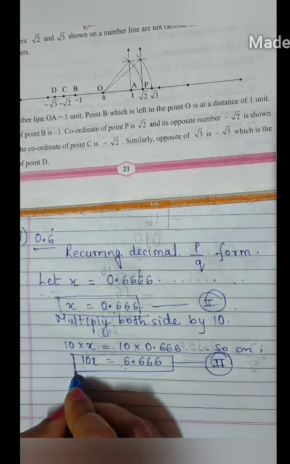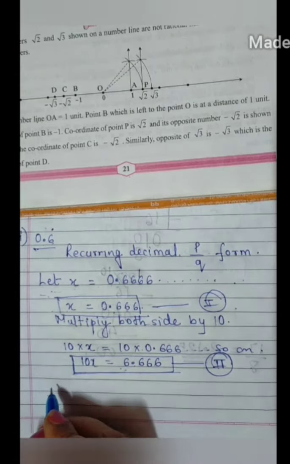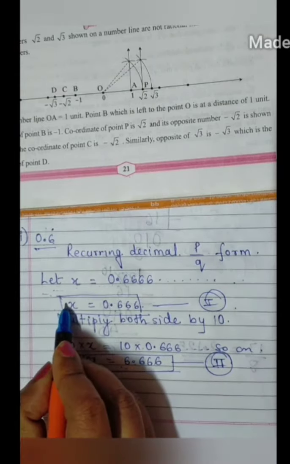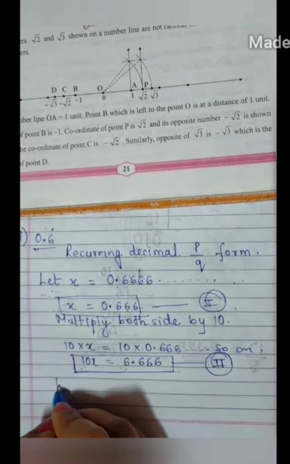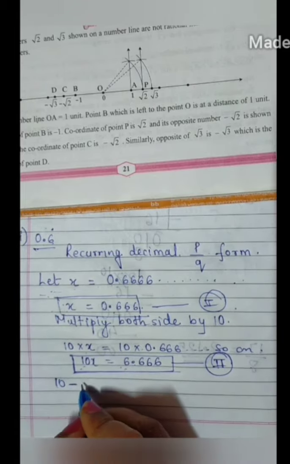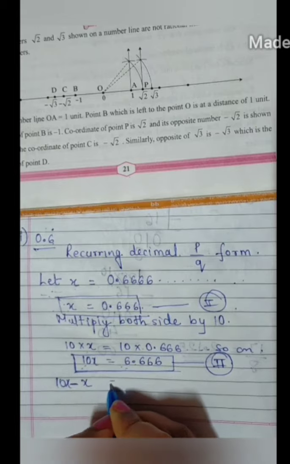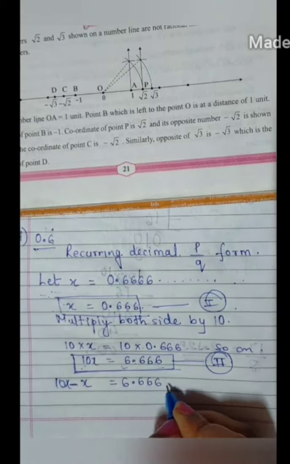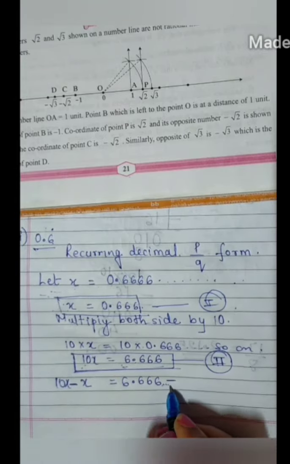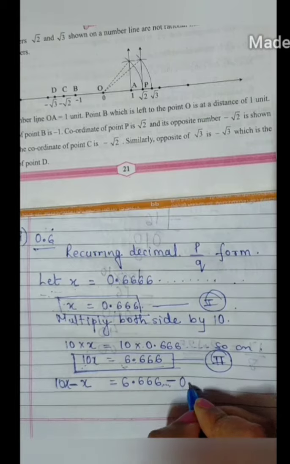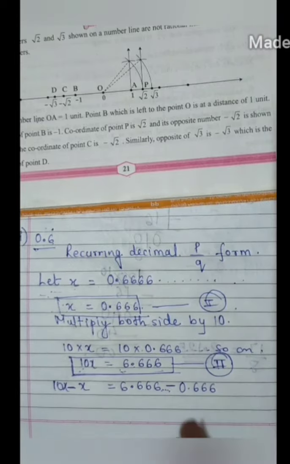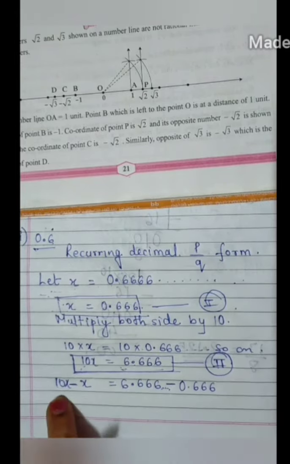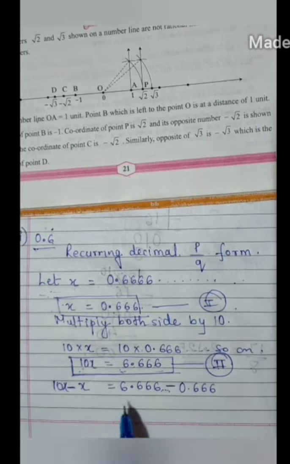Got it? Now I am doing that. 10x minus x equal to what is given? 6.666 and so on minus 0.666. Got it? Now we are going to subtract this.